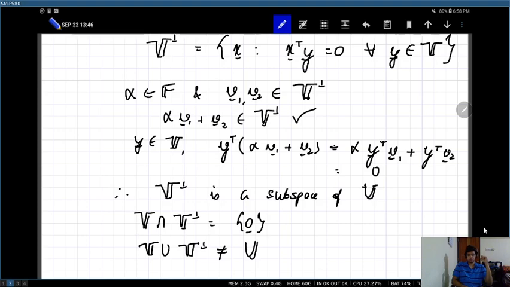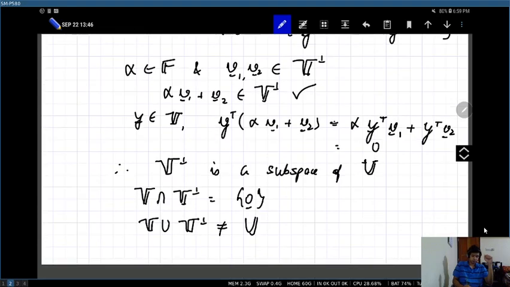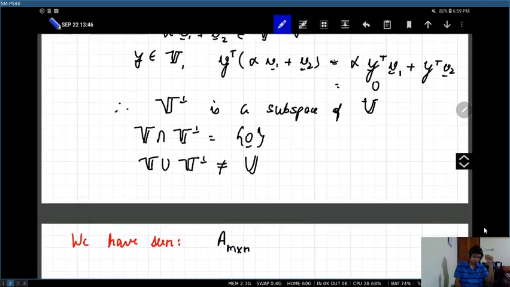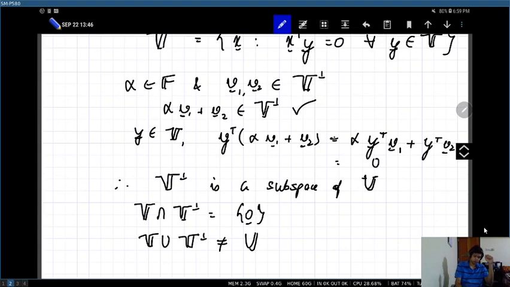Just so that you keep in mind, you have to be very careful that V and V perp do not partition the vector space U. So the union of V and V perp is not equal to the vector space U. However, their intersection is just the zero vector. Right? Okay.